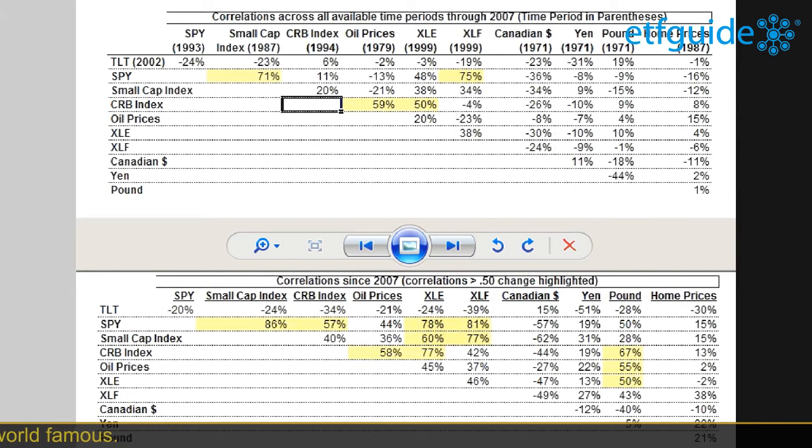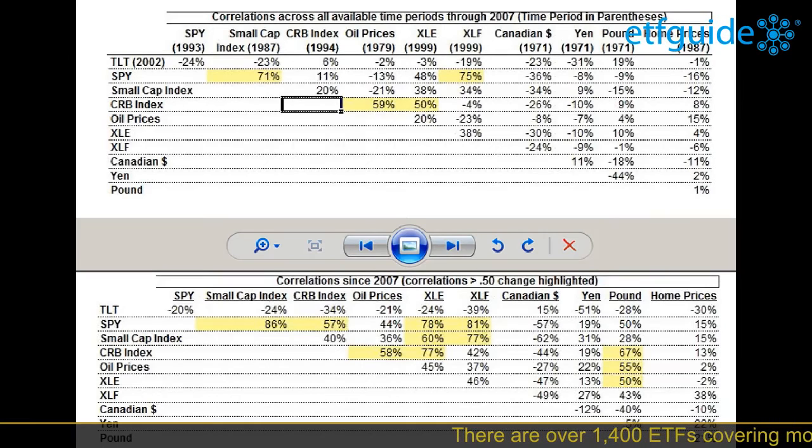On the screen now, I show two tables. The first table shows the historical relationship among markets, and the second table shows the more recent period since 2007. The first table shows the monthly price correlations between specific asset classes up through 2007.